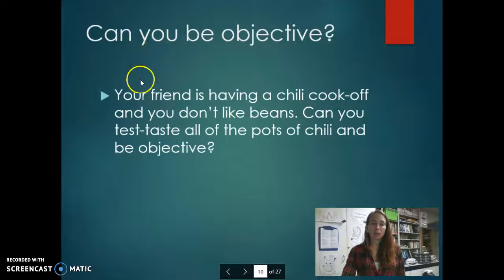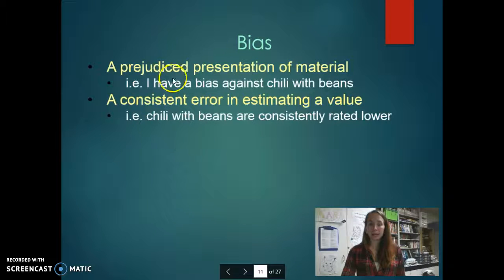Okay. Here we have an example that your friend is having a chili cook-off, but you don't like beans. So can you taste all of the pots of chili and be objective? You are obviously going to like the chili without beans and not like the chili with beans because you don't like beans. That being said, you would have a bias, which is the key word here.